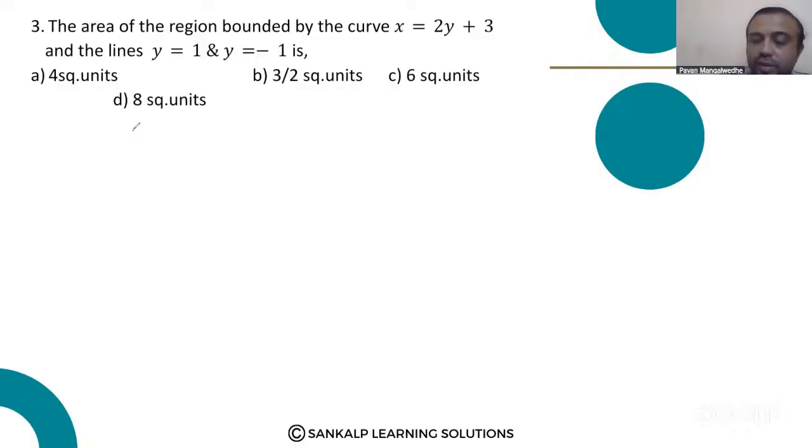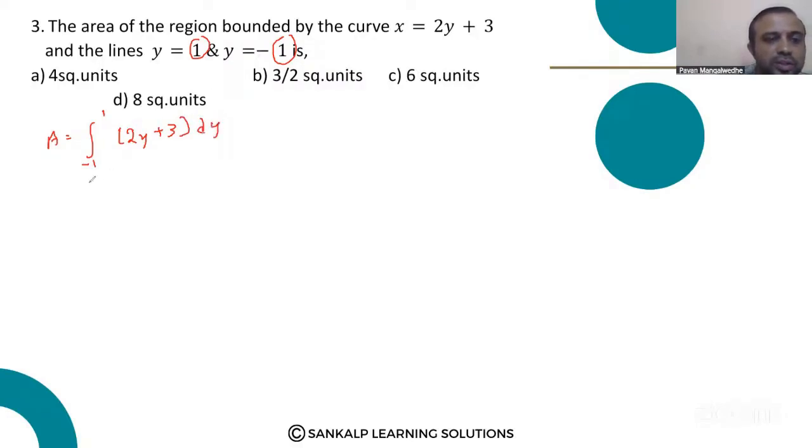So we'll start solving this. The area is given by the integral from minus 1 to 1, because both limits are there, 1 and minus 1, of the equation 2y plus 3 dy.